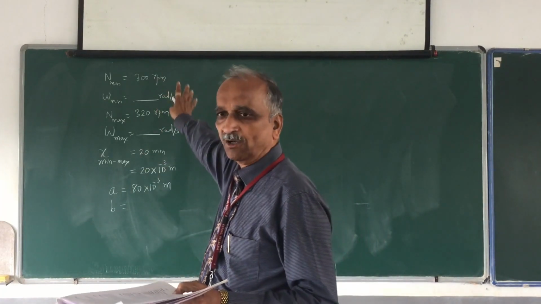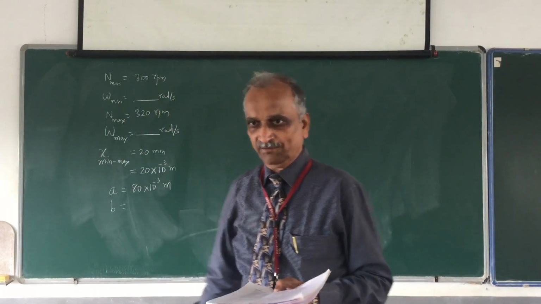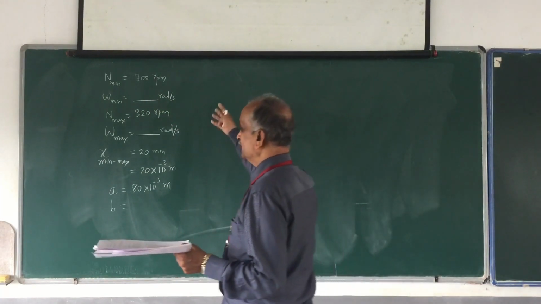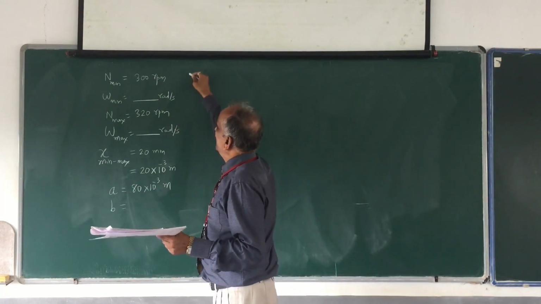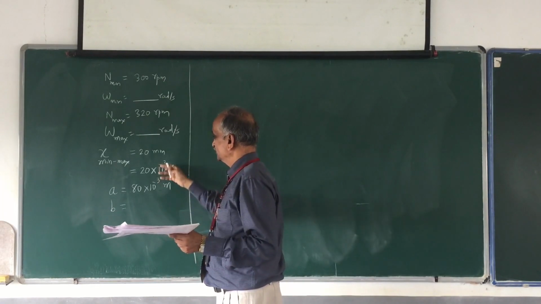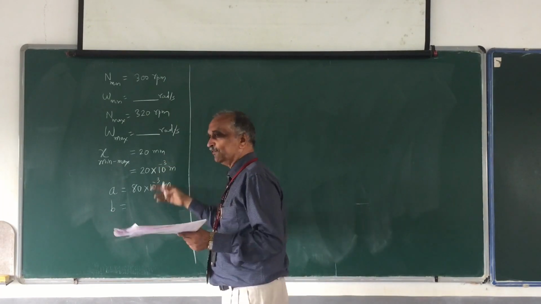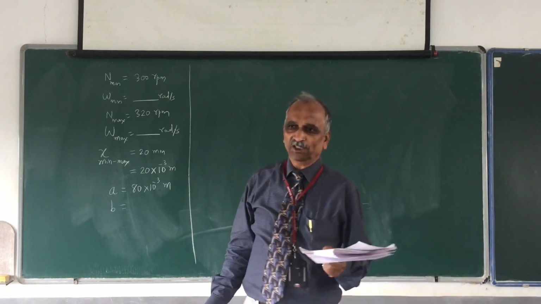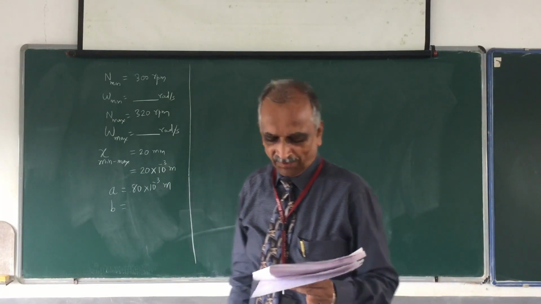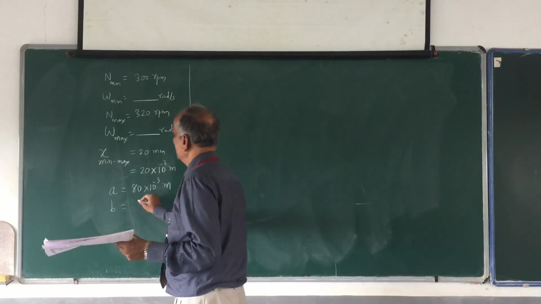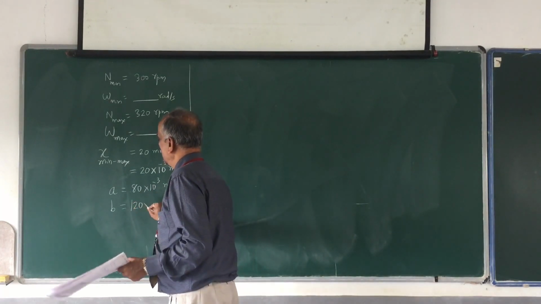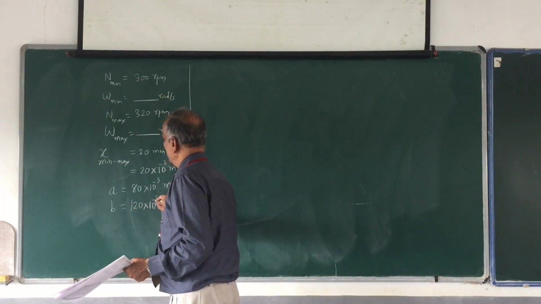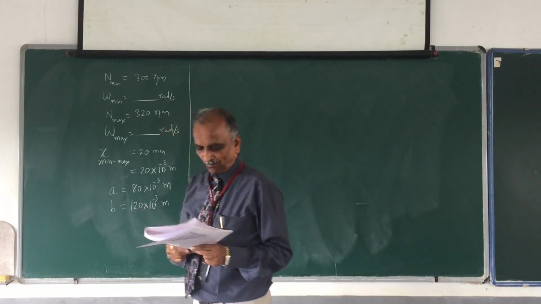Therefore I shall take all lengths in terms of meters. And once you practice and you are very sure, and if this is making you uncomfortable, then you can continue in millimeter, centimeter, whatever units, but you have to be very, very careful. So b, the ball arm, is 120 mm, and 120 into 10 raised to minus 3 meters.